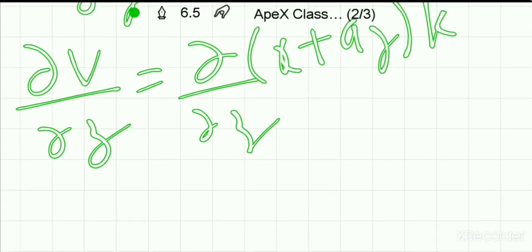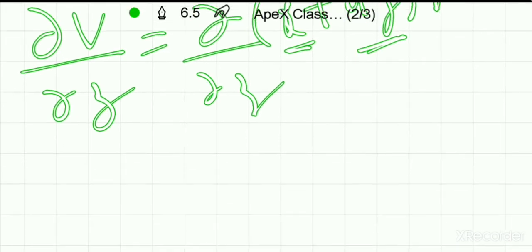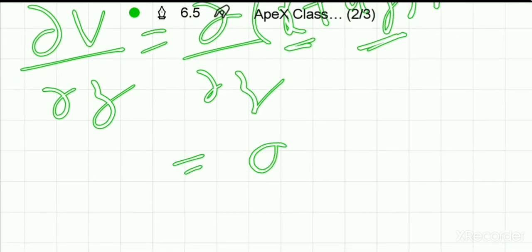On solving this, the first term is x and it does not contain z, which means its differentiation will be equal to 0, and the differentiation of az will be equal to a into k cap. This is equation number 4.